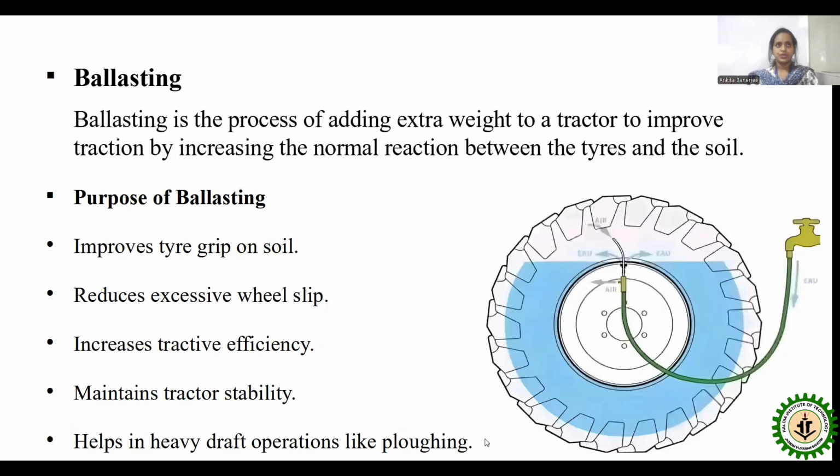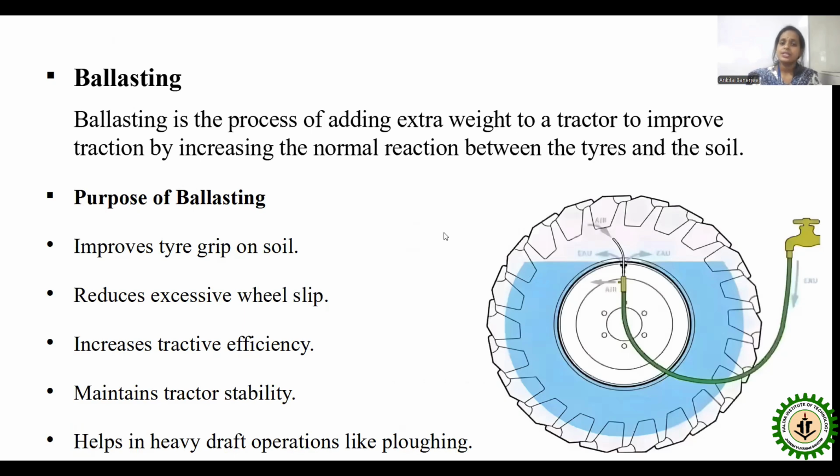How many types of ballasting can we see? Sand ballasting and water ballasting are very popular in tractor tires. I have shown a diagram here. Here I am showing you water ballasting. What we do is fill the tractor tire about 75% with water, and the remaining 25% is filled by air.